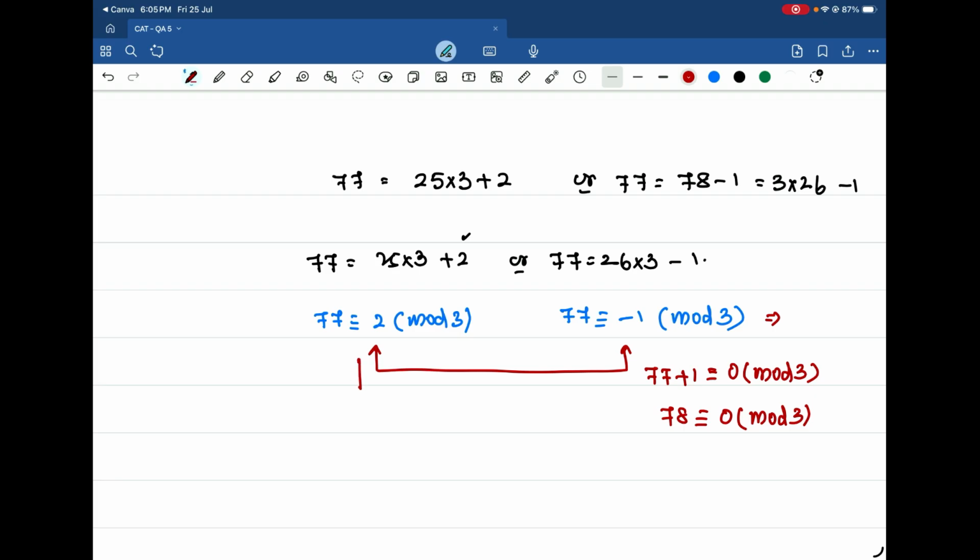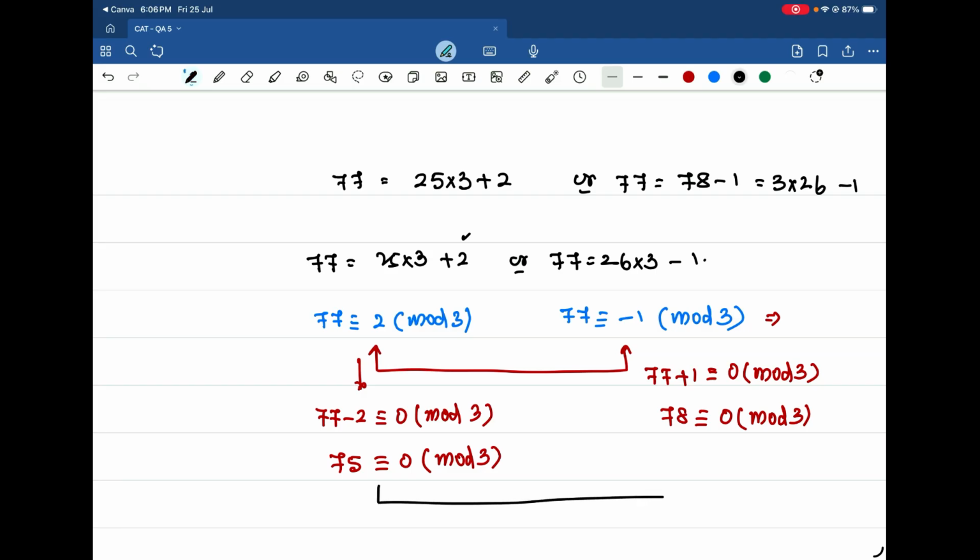Here what it means? 77 minus 2 equivalent to 0 mod 3, so 75 equivalent to 0 mod 3. This is the other way of representing these congruences.